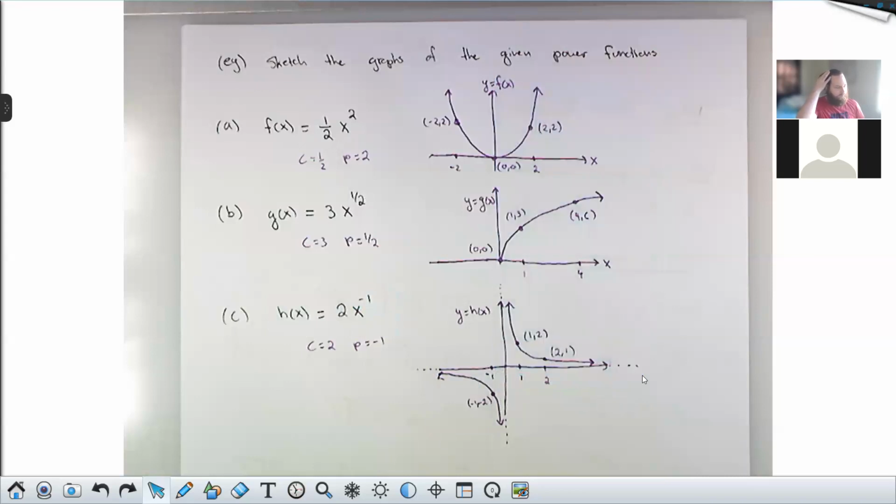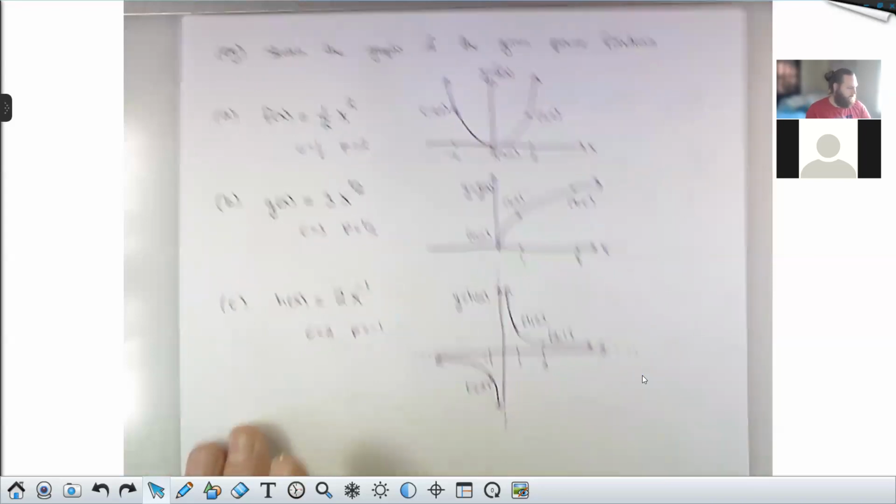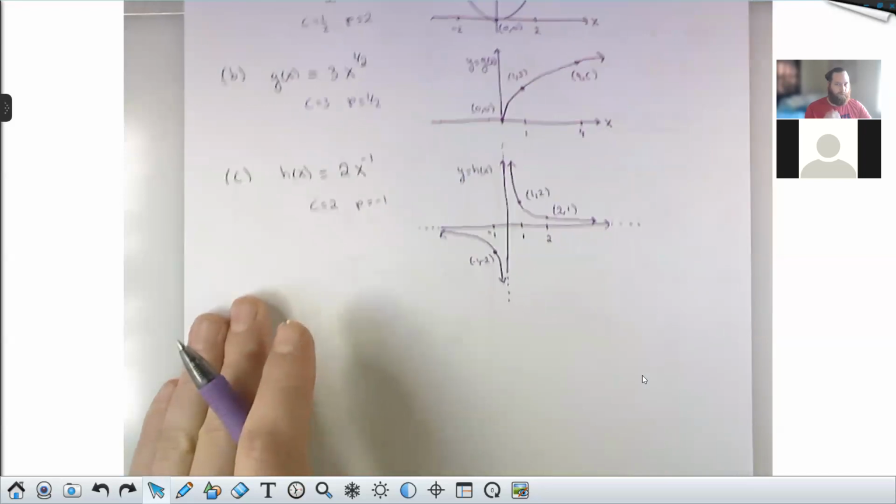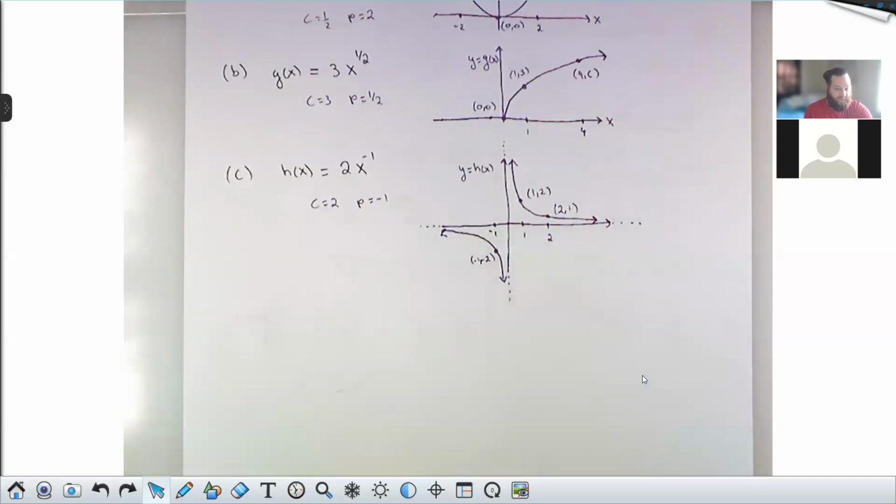And I want to just explain to you where those quadrant 1 pictures come from, how you can anticipate the shape of the graph in quadrant 1 based on the powers.